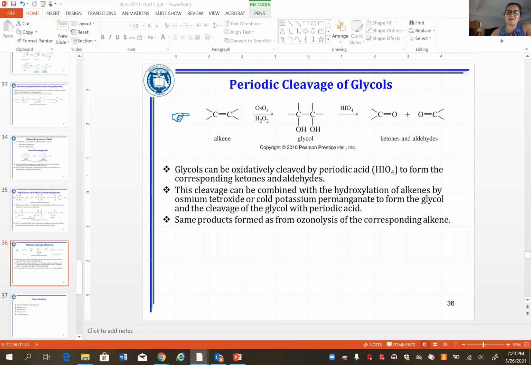Sometimes you need the reducing agent to stop in one step. Let's say you start with a carboxylic acid. You don't want to go all the way to the primary alcohol. You want to go to the aldehyde, and you can't use a strong reducing agent in that case. So you just have to be careful of what type of reducing agent, what degree, you're using.